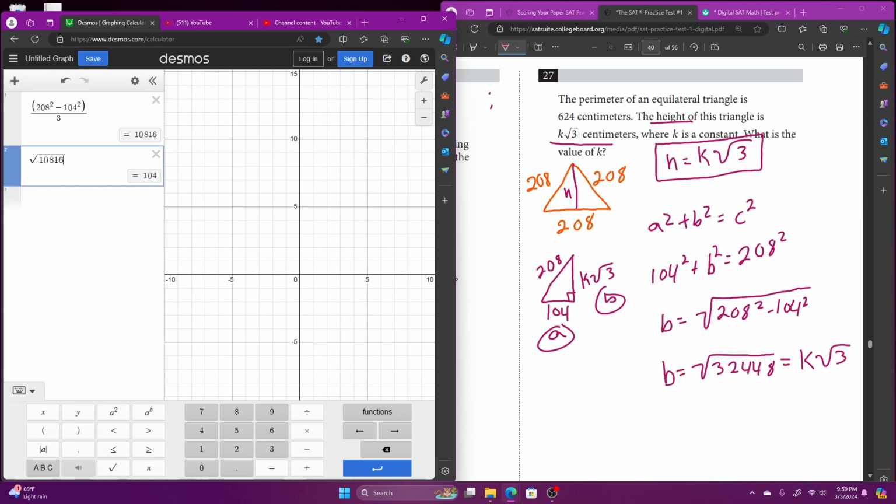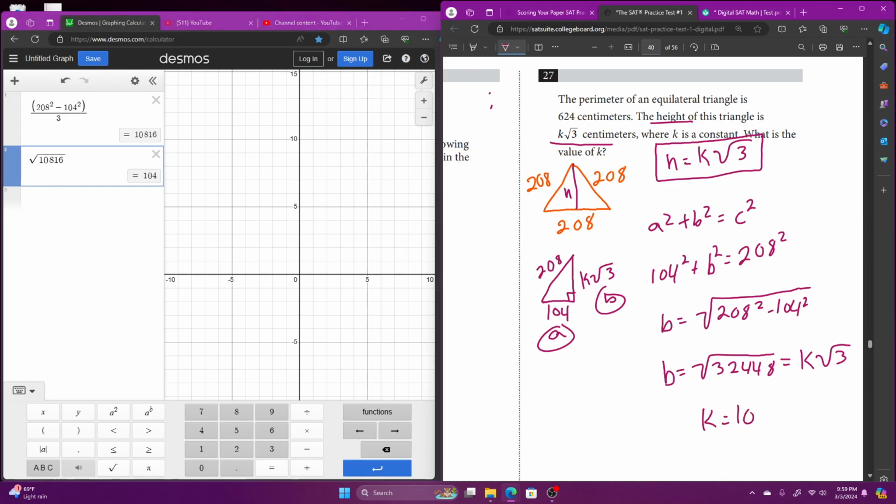I think I could have used my ratios. 1, square root of 3, 2. Look at that, 30, 60, 90 triangle. Our ratios for a 30, 60, 90 triangle.